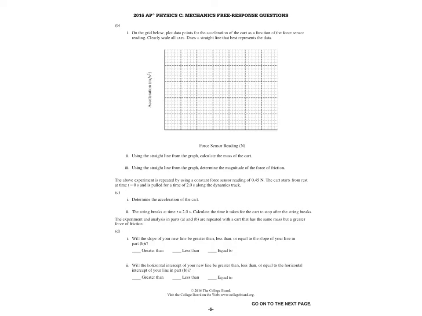Anyway, for step 2, you're supposed to use the straight line from the chart to calculate the mass. Note that when you do this, you're not using the points that are on the data table. You're using points that are on the line itself. Like for example, if this is your line and these are your points, I'm exaggerating this for effect, then you could use this point and this point, but not any of those points that are off the line.